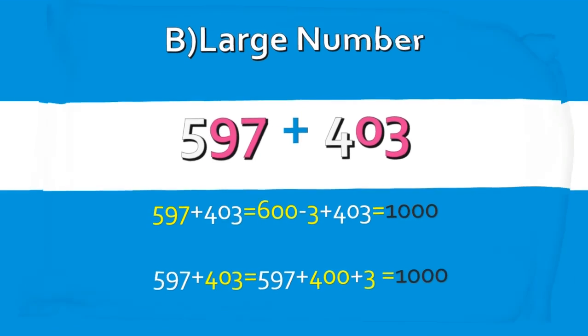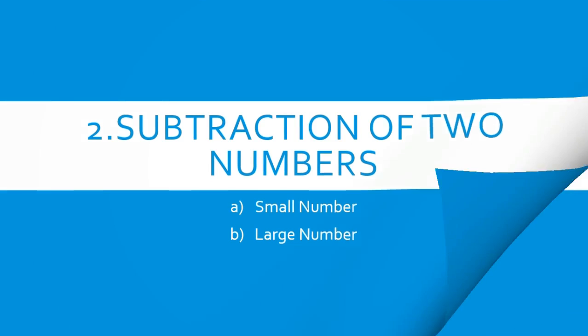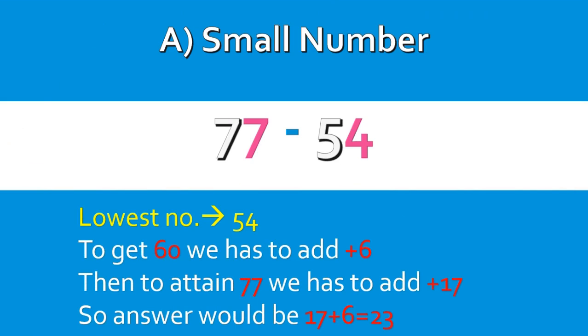Subtraction of two numbers. It also contains 2 topics, small numbers and large numbers. For small numbers, first take the lowest number, that is 54. We have to round it off towards the highest number. So we add 6, and it is rounded off to 60.